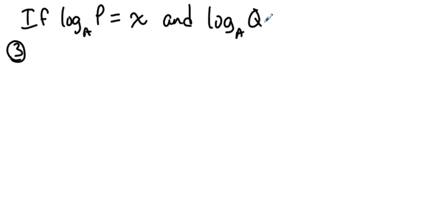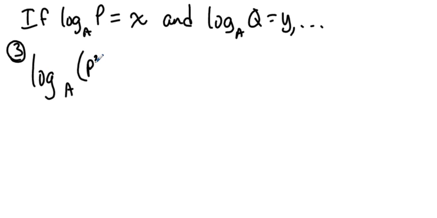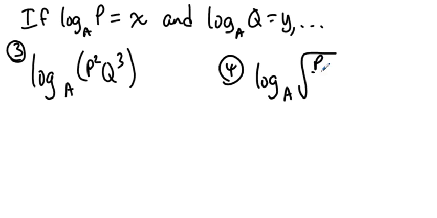If the log base A of P is X, and the log base A of Q is Y, express the following in terms of X and Y. The log base A of P squared Q cubed, and the log base A of radical P over Q. That is something you should know how to do, how to tear it apart so that we're looking at just the log of P and the log of Q.